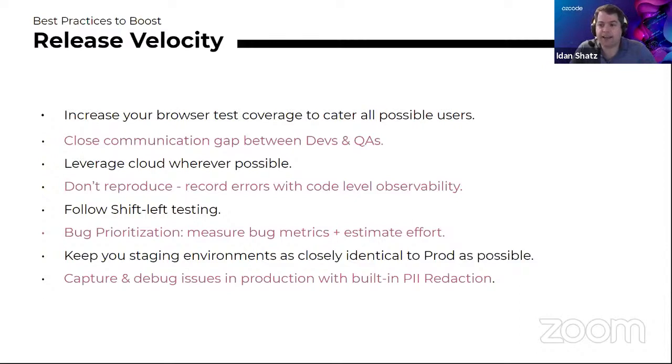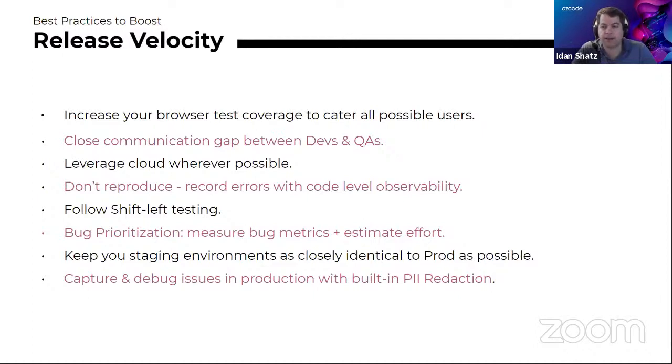Exactly. And really trying to bring all the production to the left. When you're capturing your exceptions and issues in production, it's very important to have good metrics, to really understand which bugs are actually impacting your business and which bugs are just smoke alarms, right?